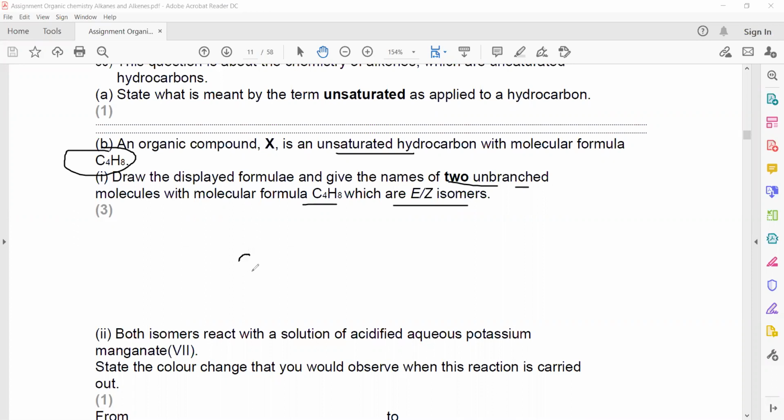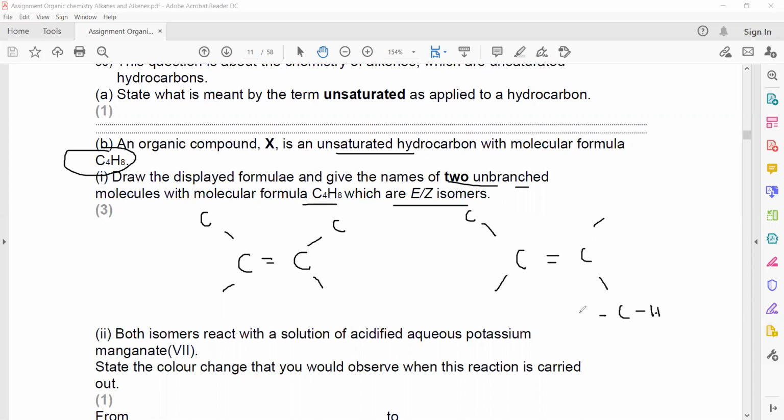First, C double bonded with C, and displayed formula means you have to represent all of the bonds. But-1-ene cannot have a geometrical isomer because two hydrogens will be attached, so we cannot compare. But-2-ene can have. So 1, 2, 3, 4. I can make cis but-2-ene or trans but-2-ene.